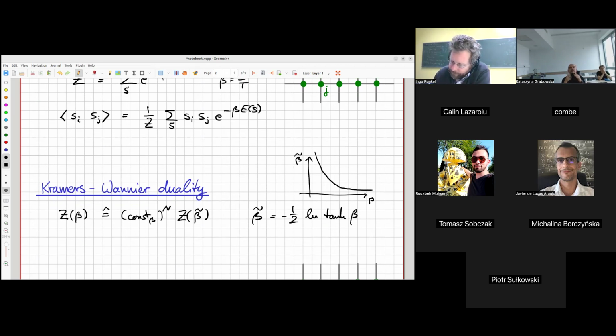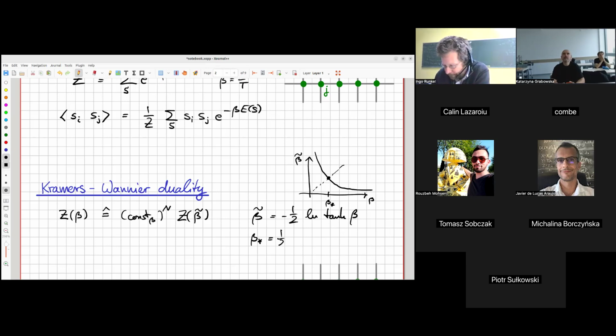If I draw the diagonal here, then there's also a point where the model is self-dual, where beta and beta tilde agree, that's called beta star. You can also write down explicitly what beta star is. The nice thing about the Ising model is that you can do many things very explicitly. It's some formula, never mind. You can just solve this. It's not difficult.